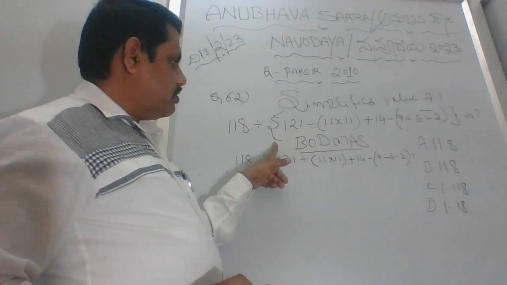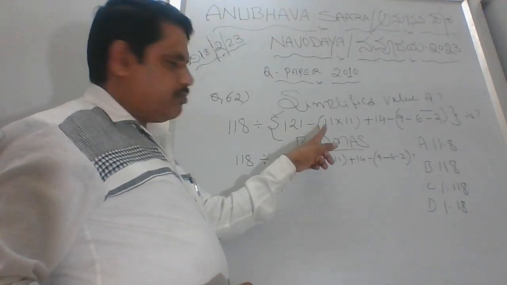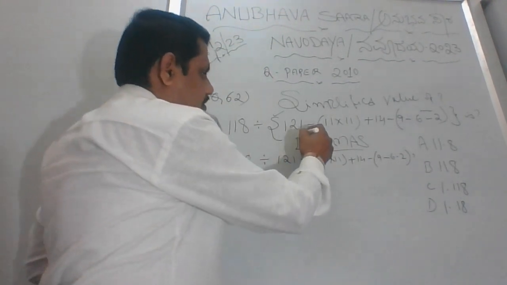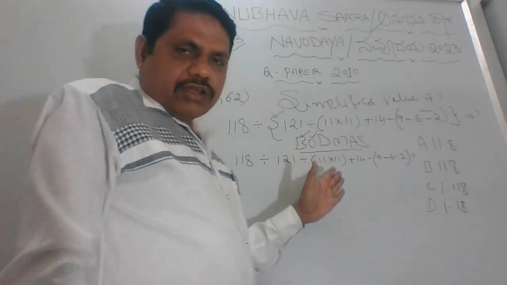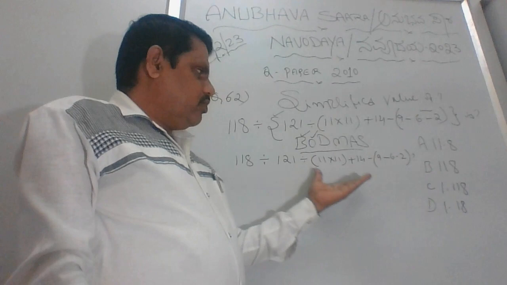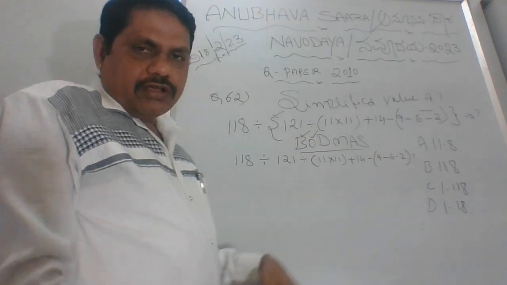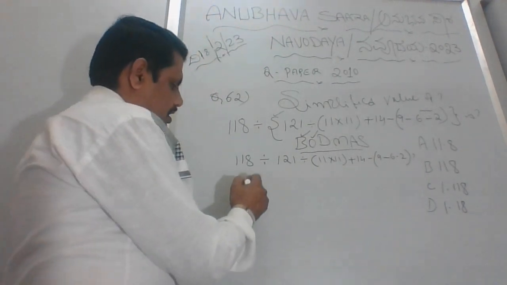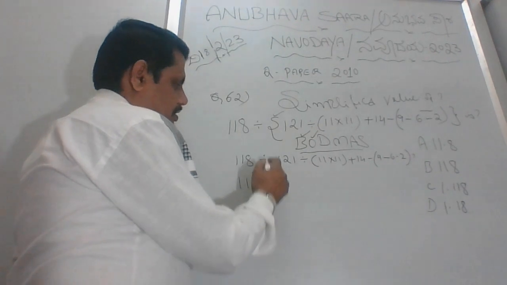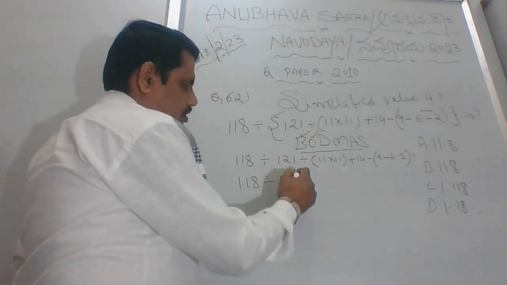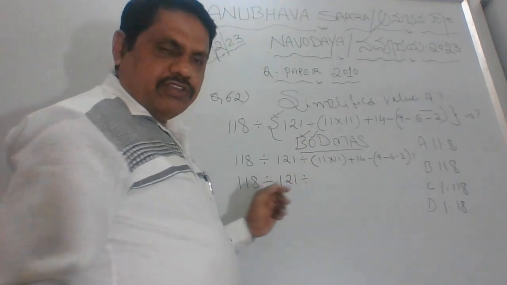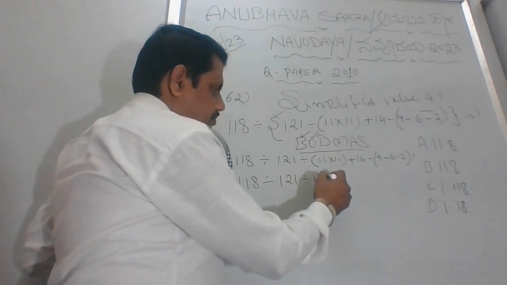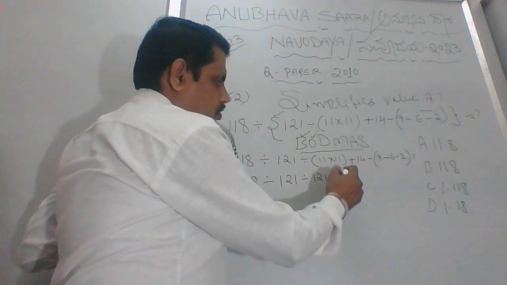So now I have removed this. Next I'll remove this bracket, because we are standing here with the brackets, which means we have to remove all the brackets. Then it will come out like this: 118 divided by 121 divided by 11 into 11, plus 14.